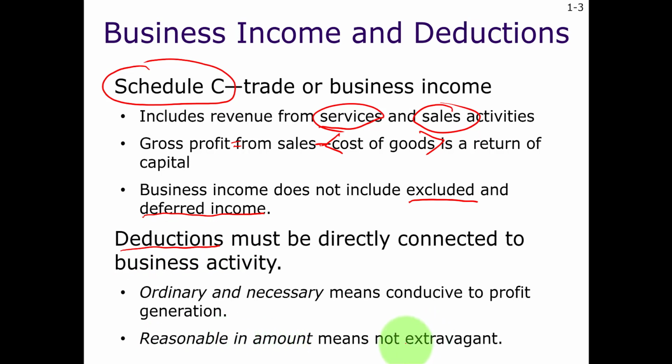For business deductions, they have to be reasonable in amount, not extravagant. Now that's somewhat subjective depending upon the station or the type of business you're in. What may be extravagant to you may be necessary for my business based upon the type of customers or clients I deal with.